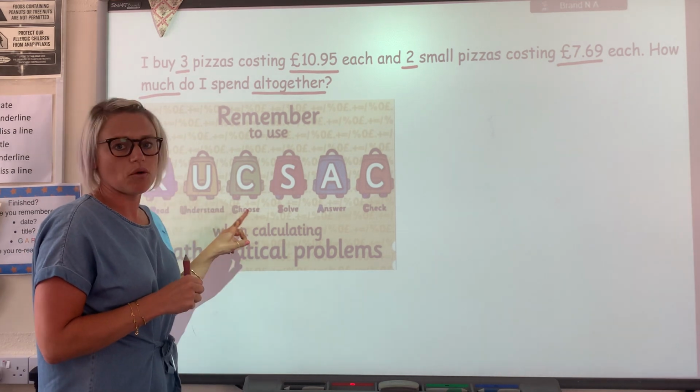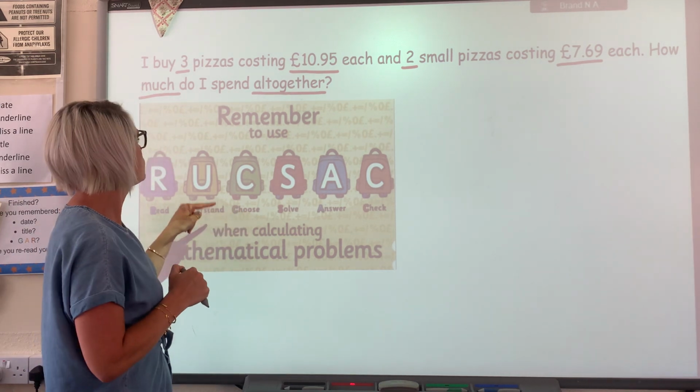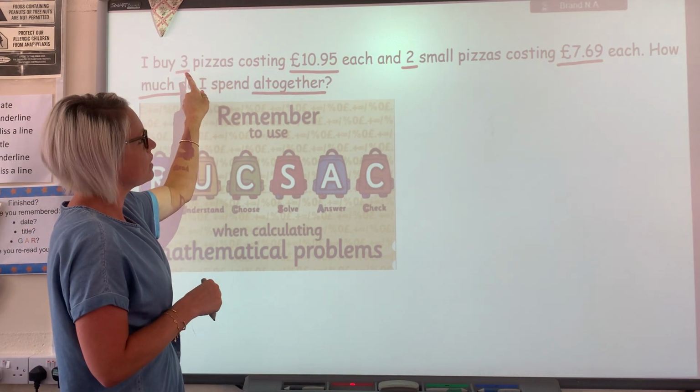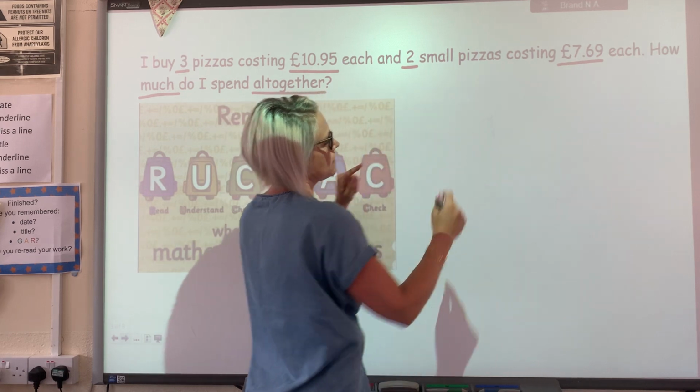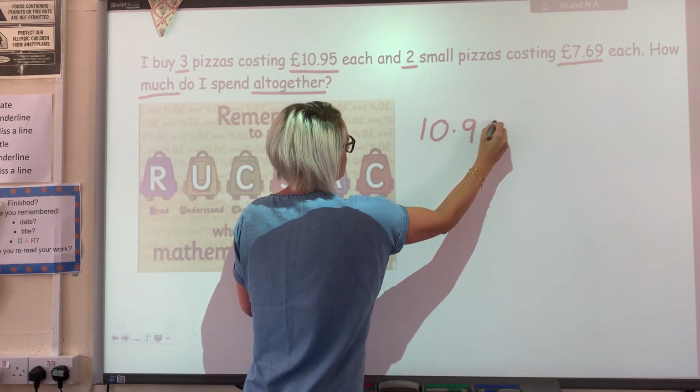The next thing now is to think about what calculation we need to do. We need to choose the calculation. So I need to figure out how much it's cost me for these pizzas and then also these pizzas here. One pizza cost me £10.95.